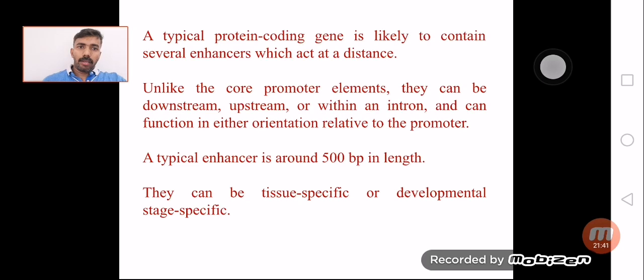But the last point is important, that these will be either tissue specific or developmental stage specific. That means not all such sequences are present in all sets of genes. Certain sequences are present in certain tissues and also in certain stages of growth. In other cells they will be completely absent.